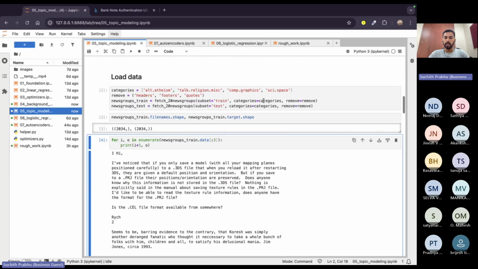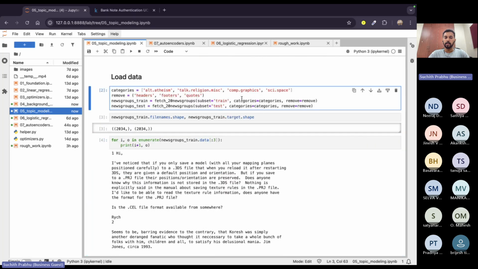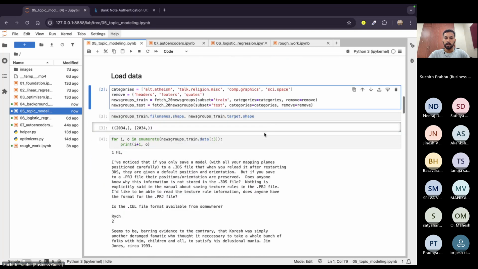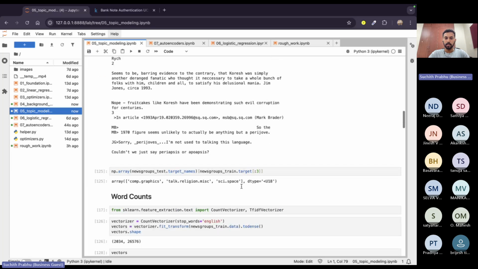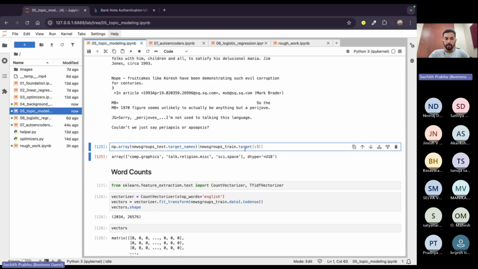Okay, so this is the data set that we are considering. We already know the ground truth, but we'll nowhere use this when we come up with the topics. Here are some of the documents present in this, and these are the topics.